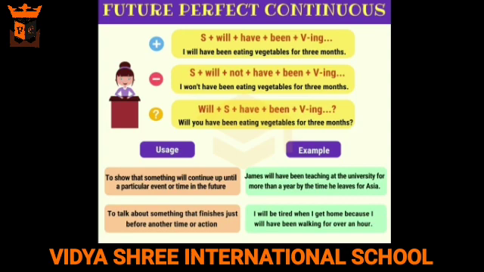Future perfect continuous tense is also used to talk about something that finishes just before another time or action. For example, I will be tired when I get home because I will have been walking for over an hour.